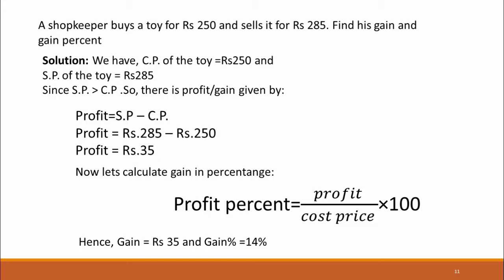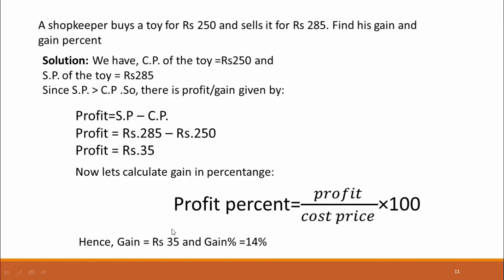Now at the second stage, let's calculate the gain in percentage. The profit percent formula is profit divided by cost price multiplied by 100. Hence, putting the profit 35 and the cost price 250, 35 divided by 250 multiplied by 100, and after simplification we obtain the gain.